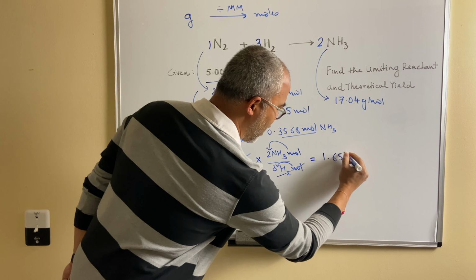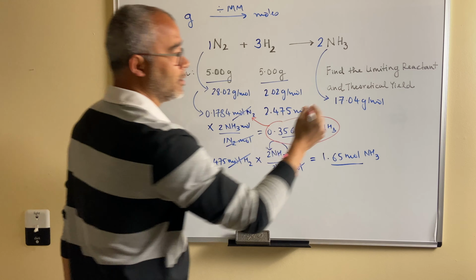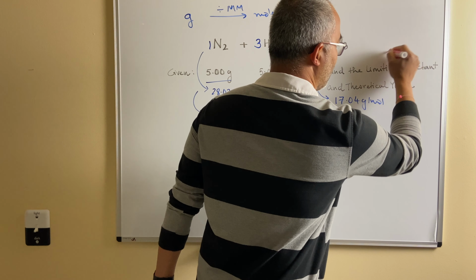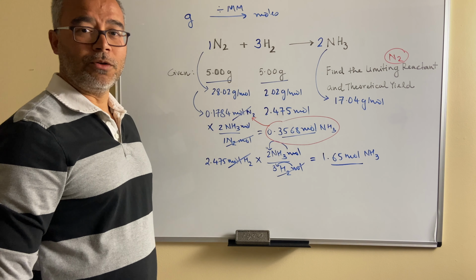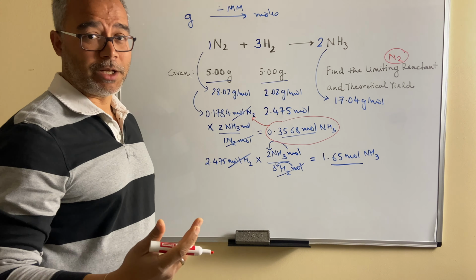So basically what we're saying is that we're limited in the production of the NH3 by the amount of nitrogen we have, okay? And so in this particular scenario where we're given 5 grams of each, the 5 grams of nitrogen is going to be the limiting reactant. That's how you calculate limiting reactants. It's always going to be the one that produces the least amount of product.